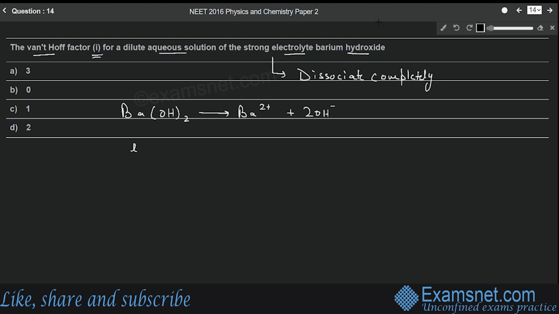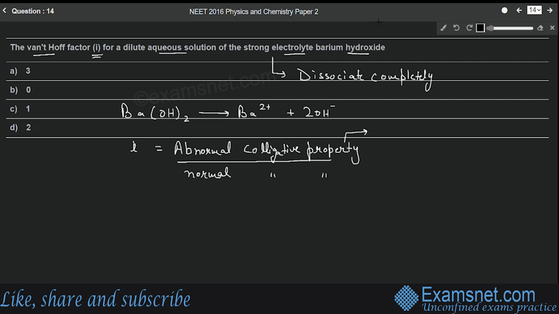Now we have to find out the Van 't Hoff factor i. So that is equal to abnormal colligative property upon normal colligative property, right? Now what does abnormal colligative property indicate?